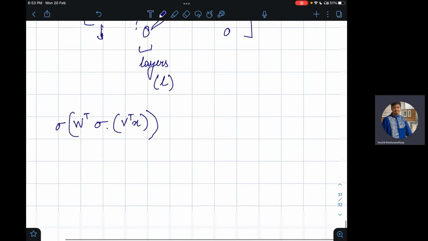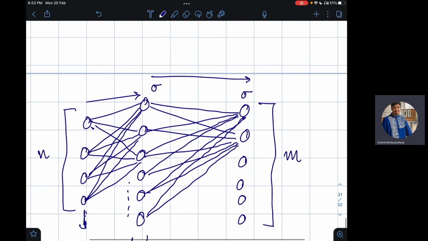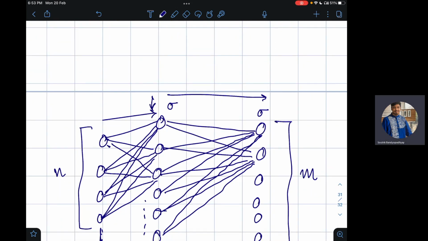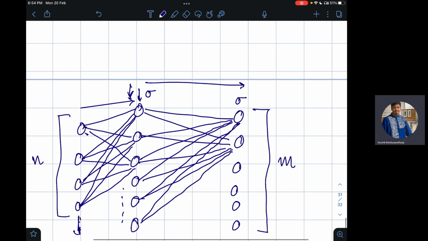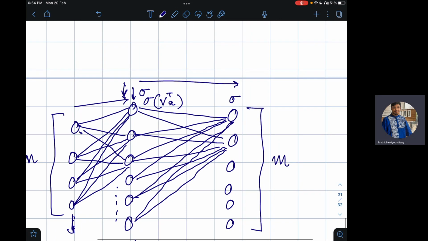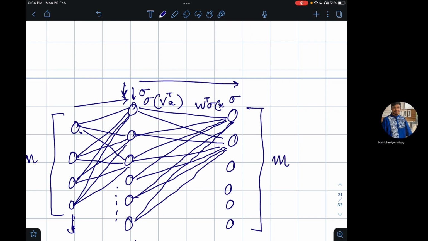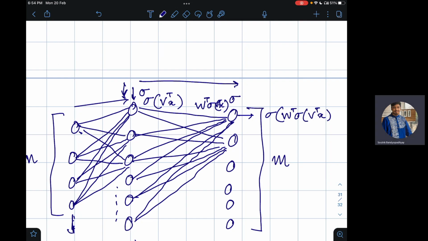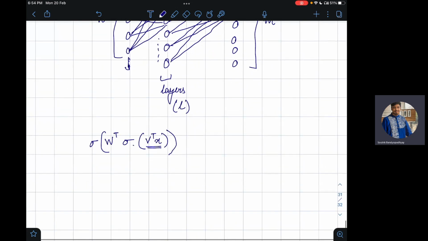So V transpose X is the result up to here before the neuron node 1, and after that you have sigma of V transpose X, which is then again multiplied by some other W. It becomes W transpose sigma of V transpose X, and then the output is sigma of W transpose sigma of V transpose X. And you can stack these up as many layers as you like.